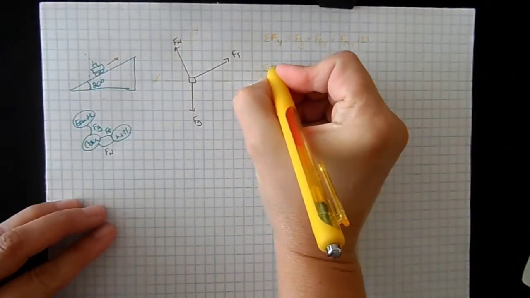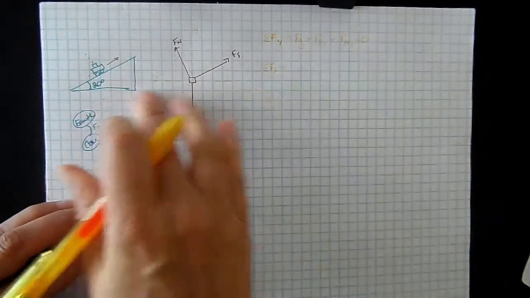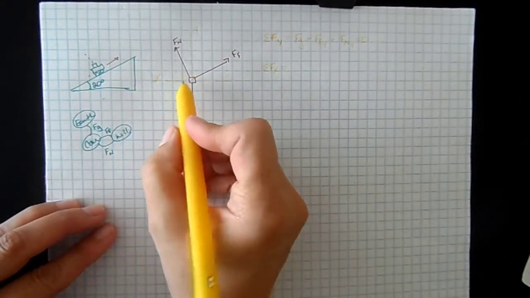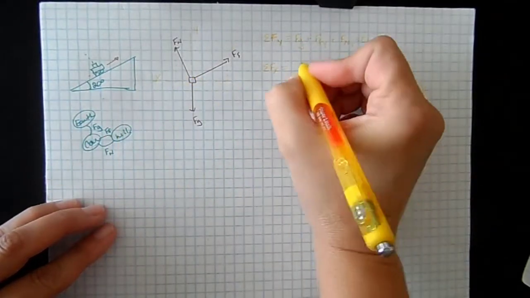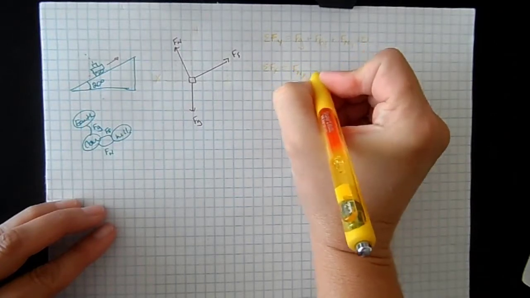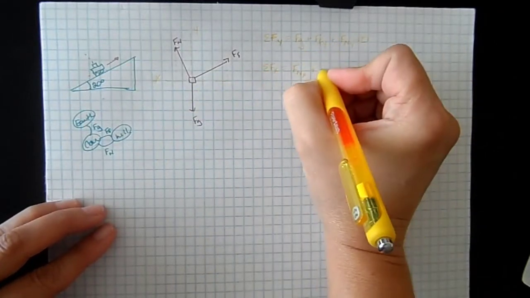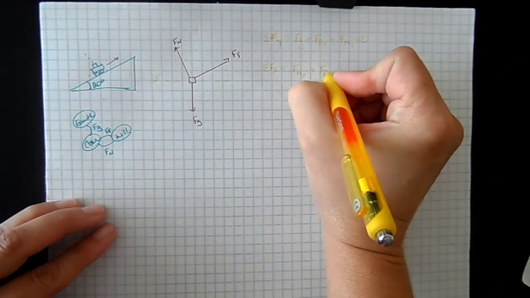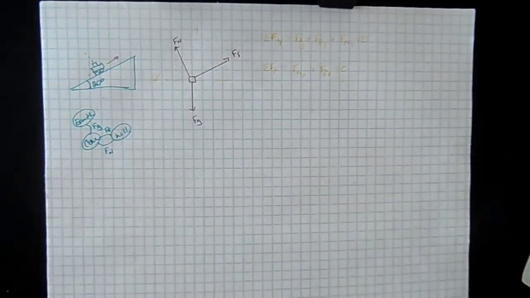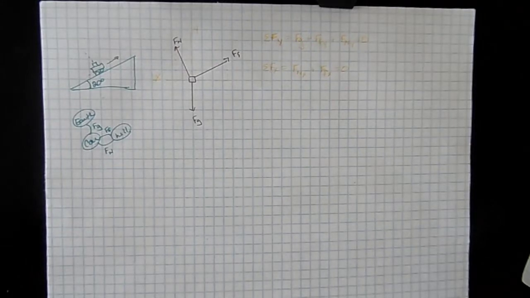And then we have our x forces, so the forces acting in the horizontal. We have part of our normal force, so the x component of our normal force, and we have the x component of our friction force. And again, those are balanced. So that looks pretty terrible, but let's see if we can find anything out.